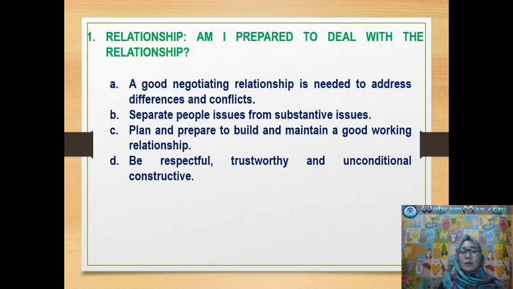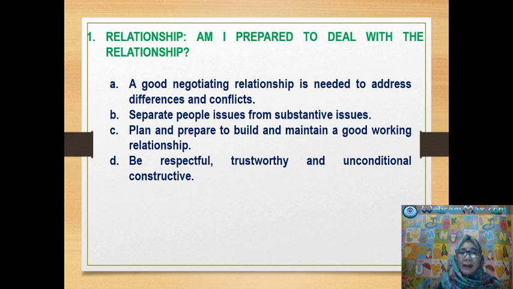First, relationships. Am I prepared to deal with the relationships? A. A good negotiating relationship is needed to address differences and conflicts. B. Separate people issues from substantive issues.